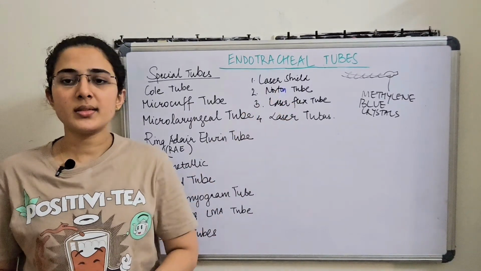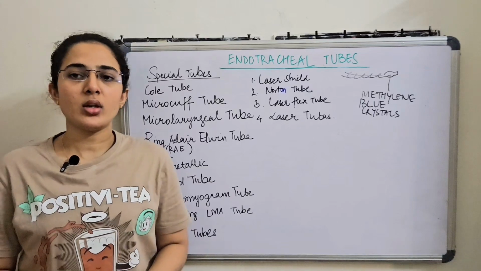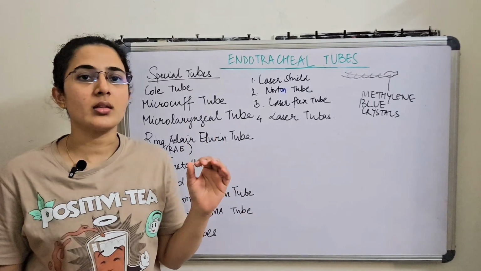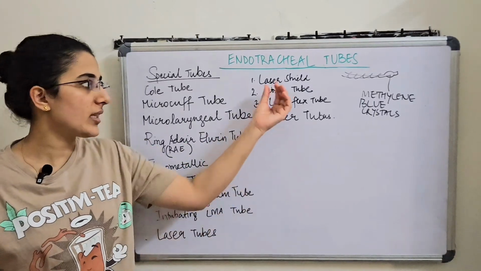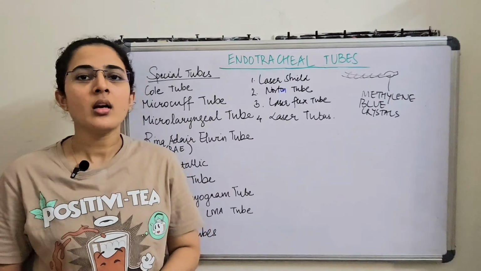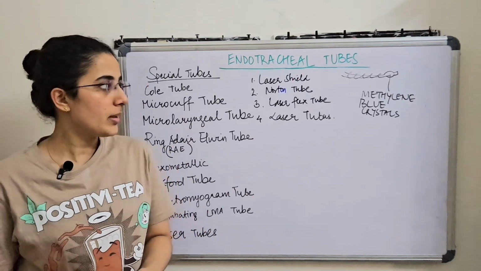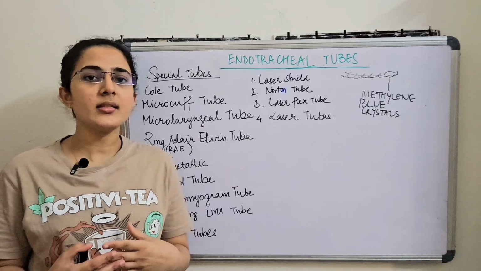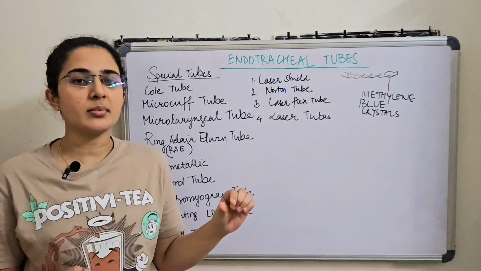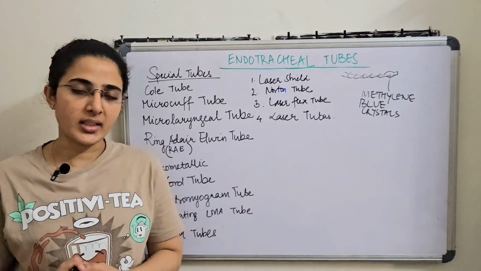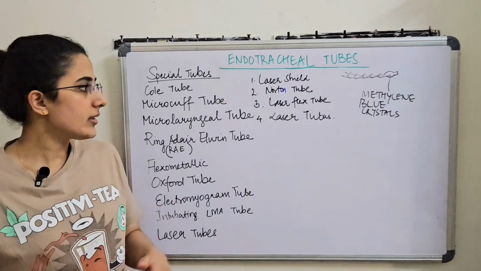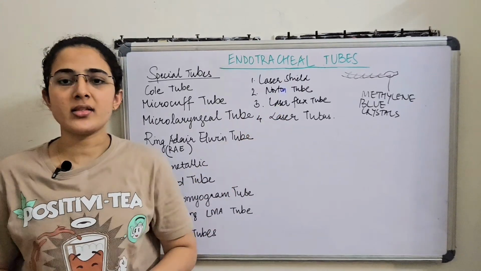Another type of tube is the Norton tube. The Norton tube is made up of metal with an external rough appearance. It doesn't have any curve or any Murphy's eye. Because of its rough appearance and the metal it is made of, it causes a lot of tracheal damage. Next we have the laser flex tube.